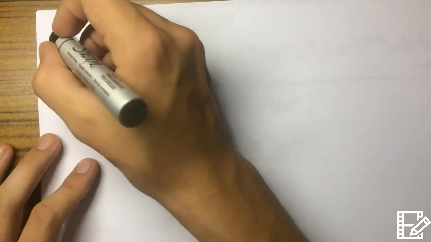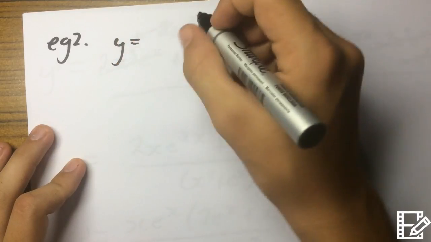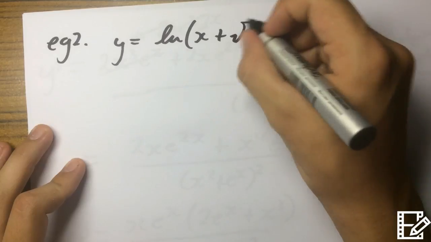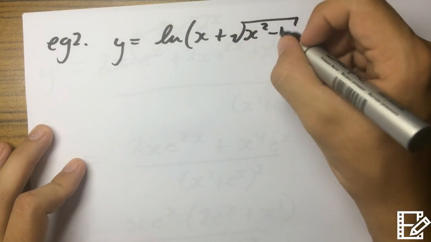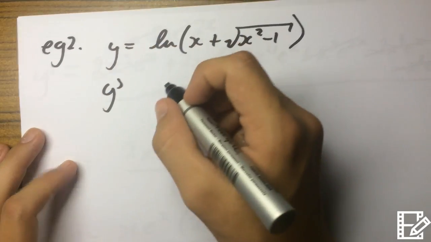Now for our second example, we have y equals ln of x plus square root of x squared minus 1. Just simple chain rule.